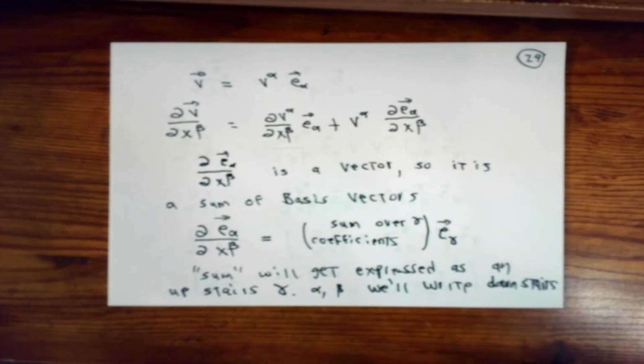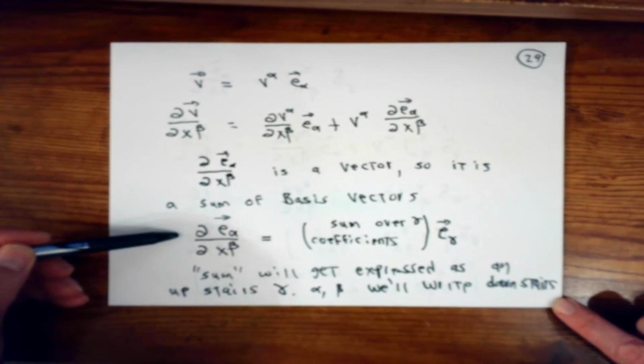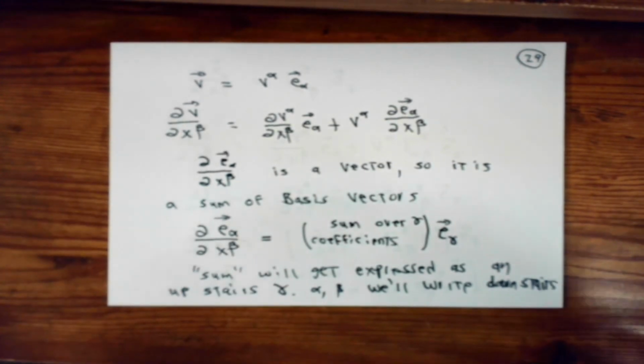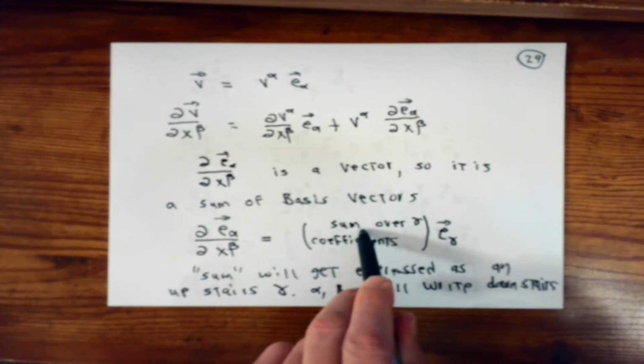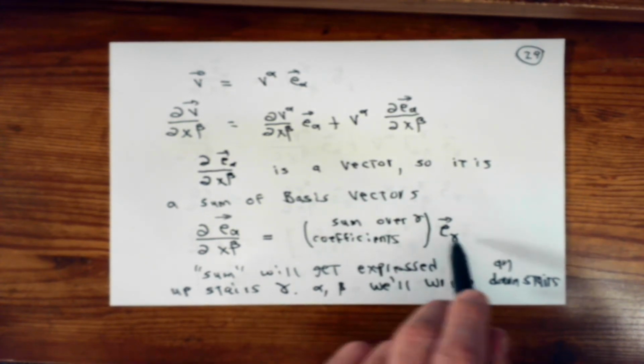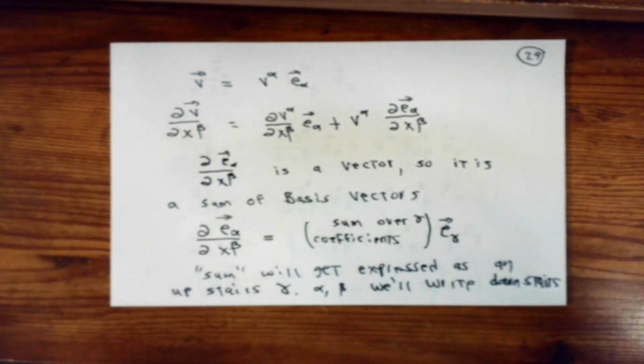Therefore, the limit is a vector too. The partial of E alpha with respect to X beta can be written as a sum of the basis vectors, the basis vectors that go with whatever point you're talking about. So I'm going to have some number with an index gamma on it so that I can use the Einstein summation convention.